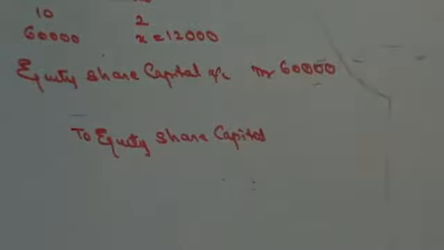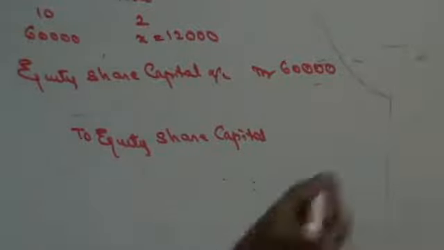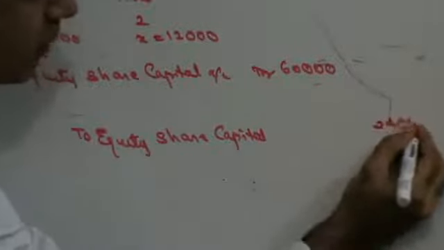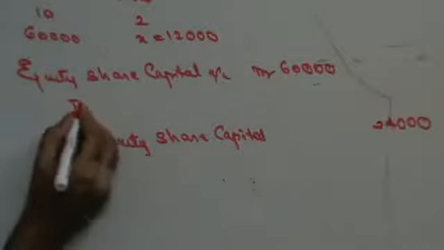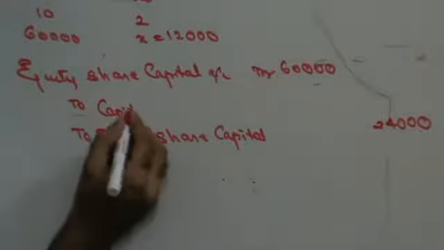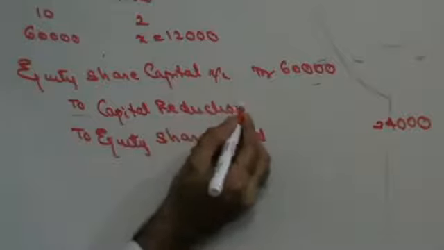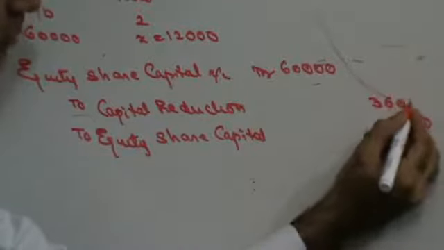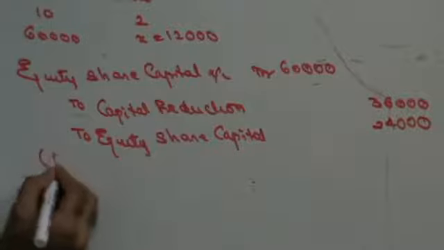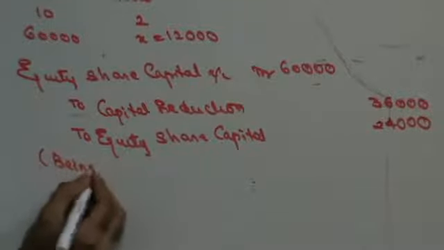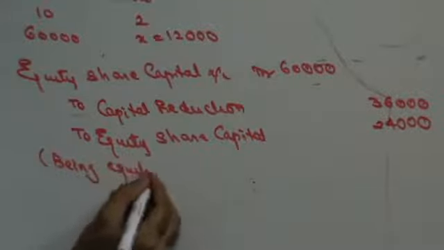I'm issuing 12,000 shares of rupees 2 each. That means 24,000. The difference is to be written as to capital reduction, 36,000, being equity shares exchanged.